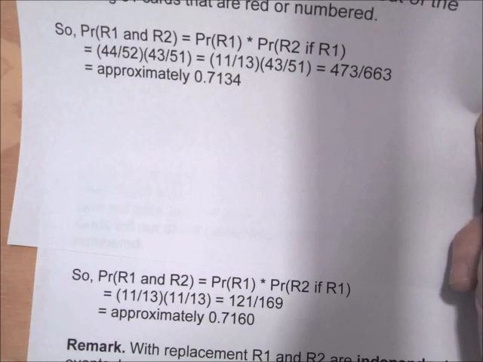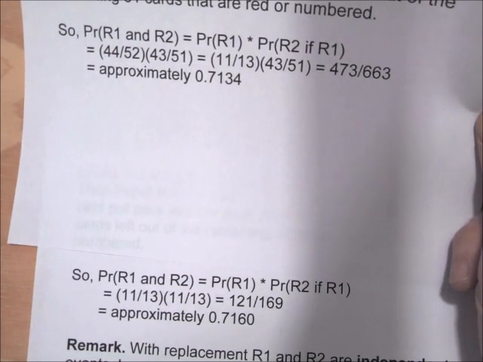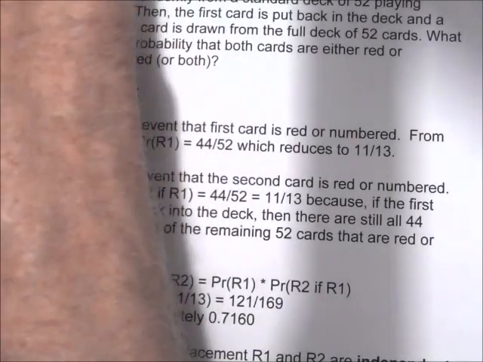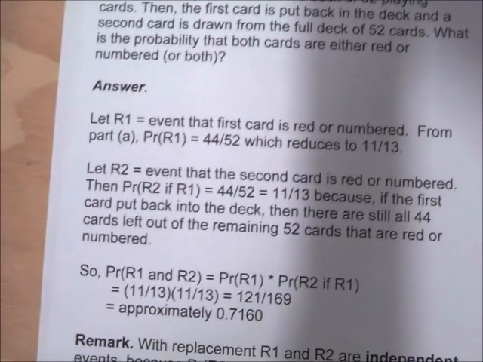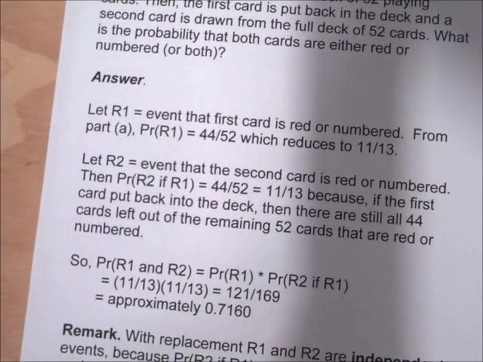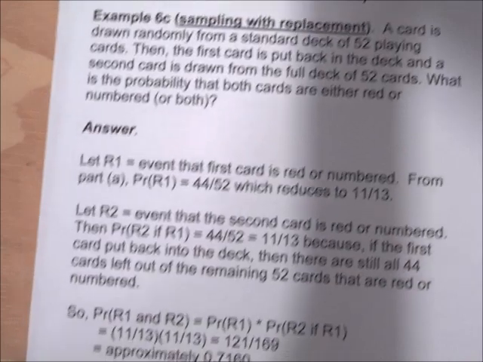And when the sample size is small compared to the population, there's not a big difference whether you sample with replacement or without replacement. There's a little bit of a difference there. But with sampling with replacement, the events R1 and R2 are completely independent. Without replacement, they were slightly dependent. There was a slight change in the probability.